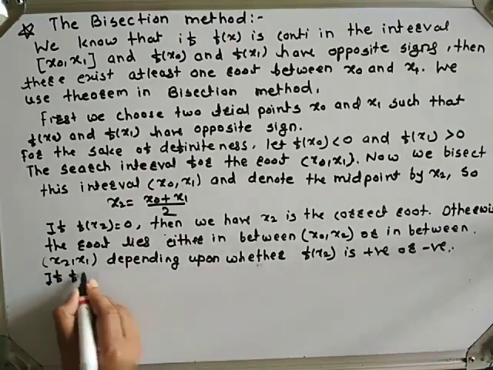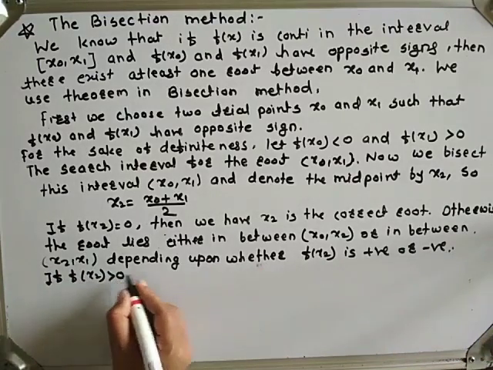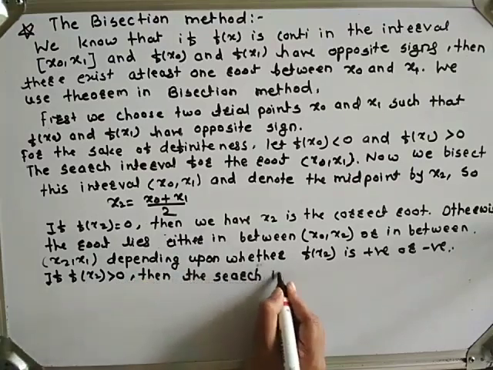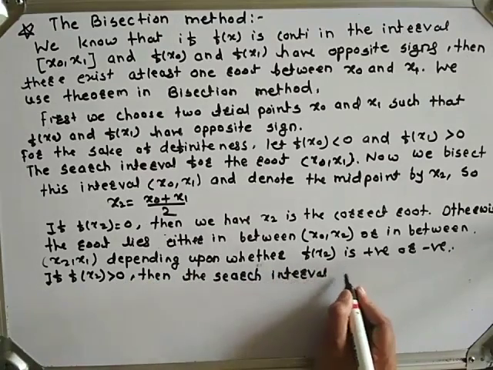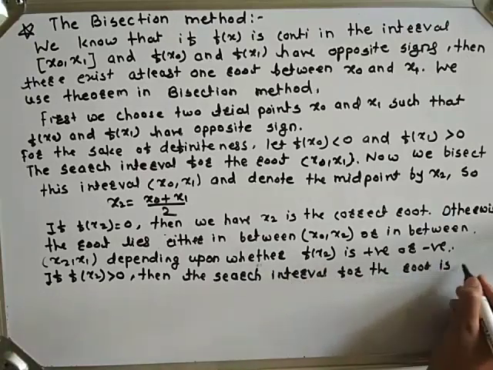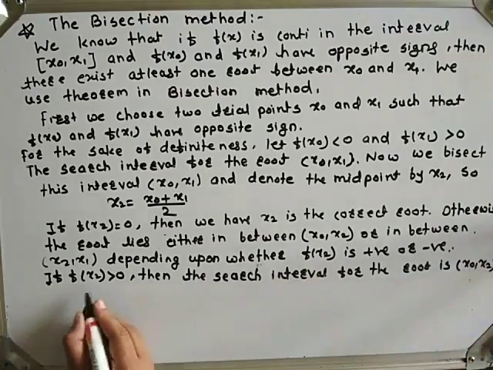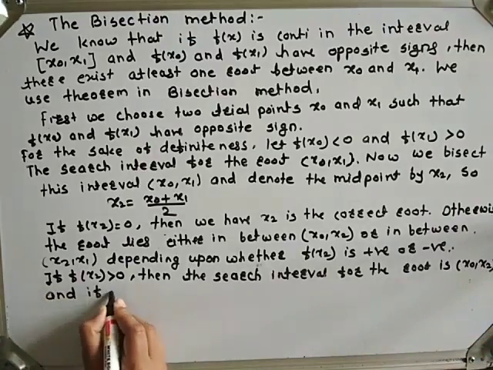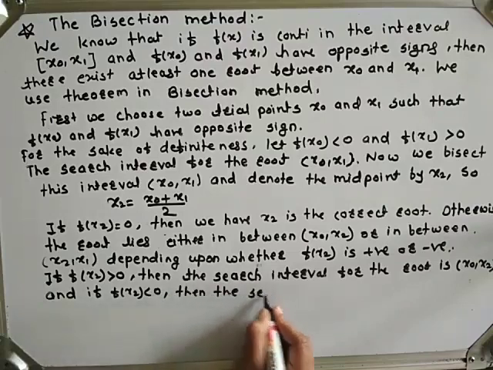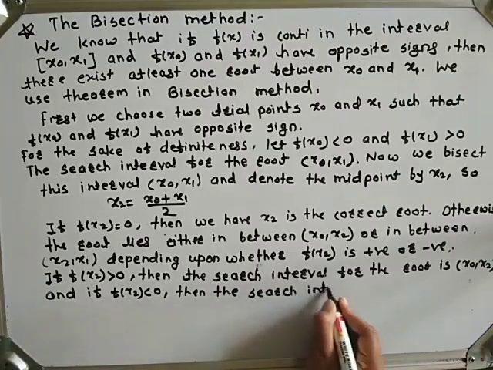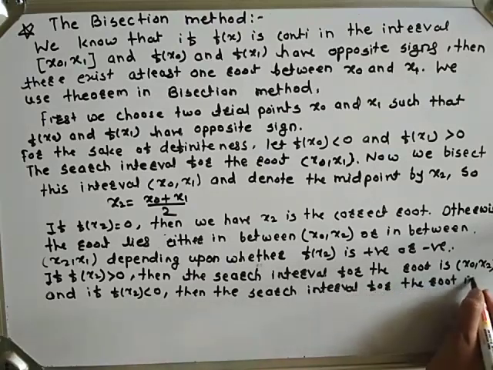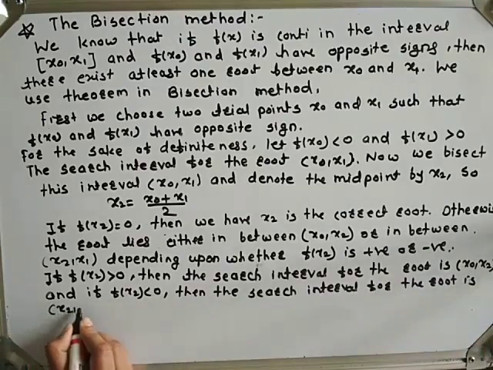If f of x2 is greater than 0, then the search interval for the root is x0, x2, and if f of x2 is less than 0, then the search interval for the root is x2, x1.